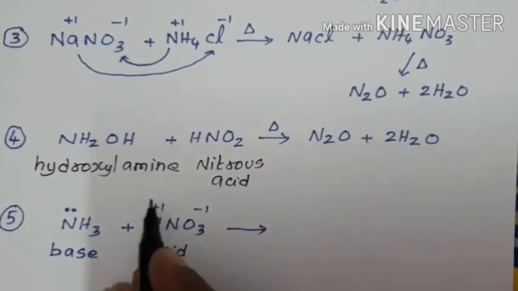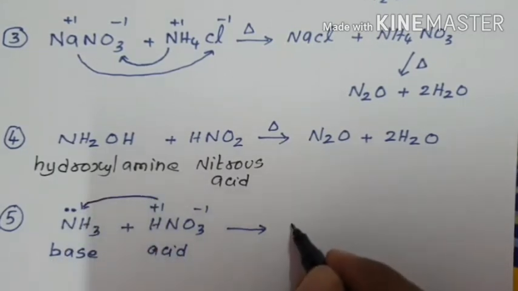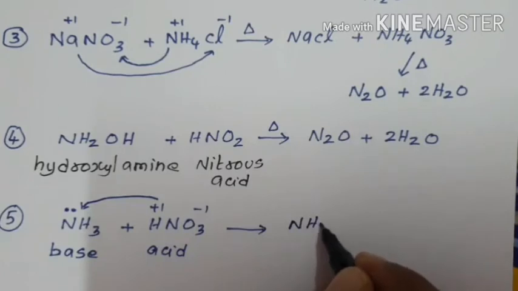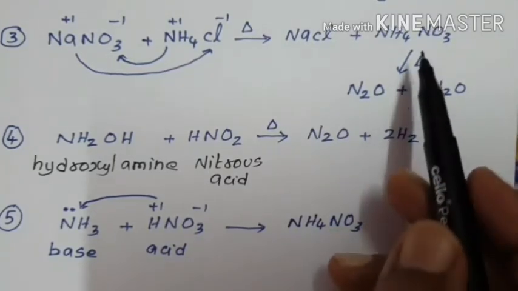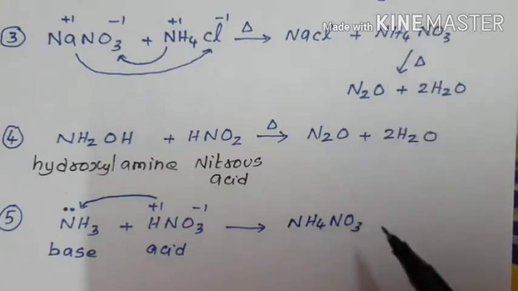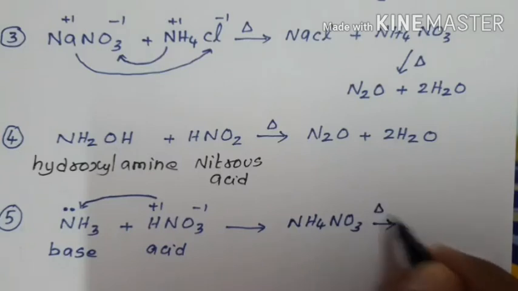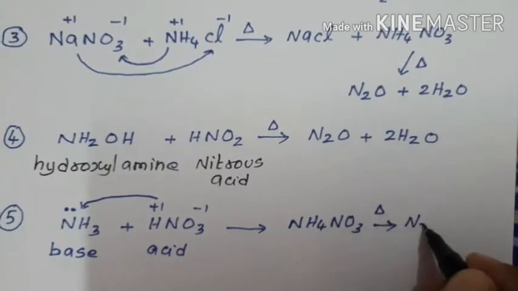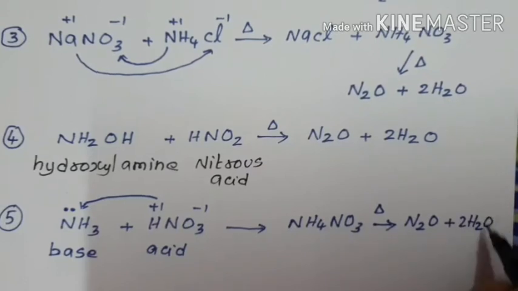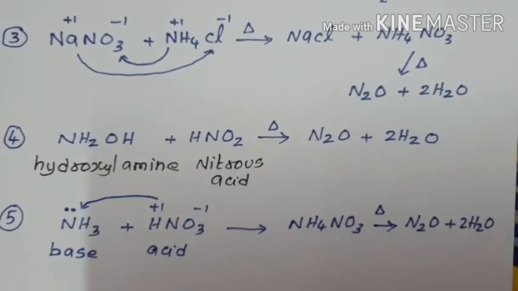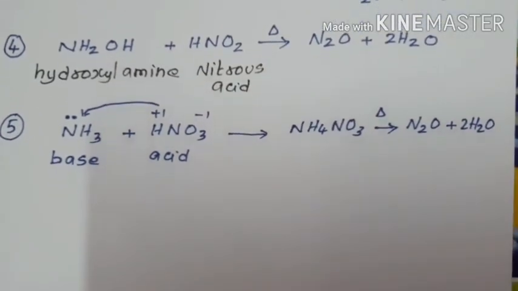The H plus moves towards nitrogen, nitrogen donates a pair of electrons, thereby the salt ammonium nitrate is obtained. As in the previous reaction, ammonium nitrate on heating undergoes decomposition and gives nitrous oxide plus loss of water. So this is the fifth method of preparation of nitrous oxide.